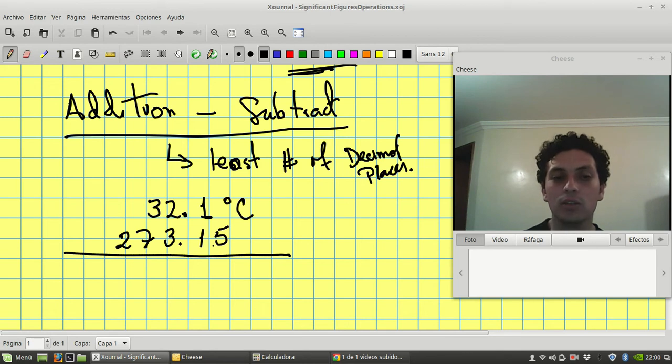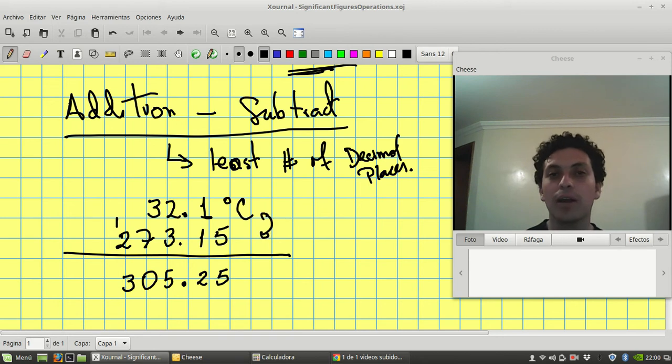Okay, so if you add the numbers, it's going to be 305.25. This is the conversion we use when we have degrees centigrade, and we're going to get it in kelvins.